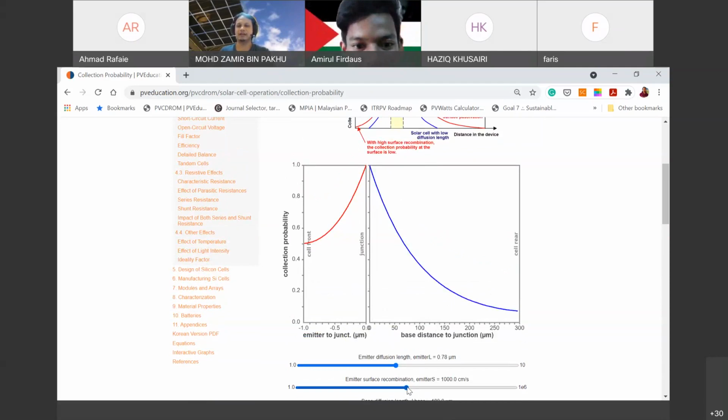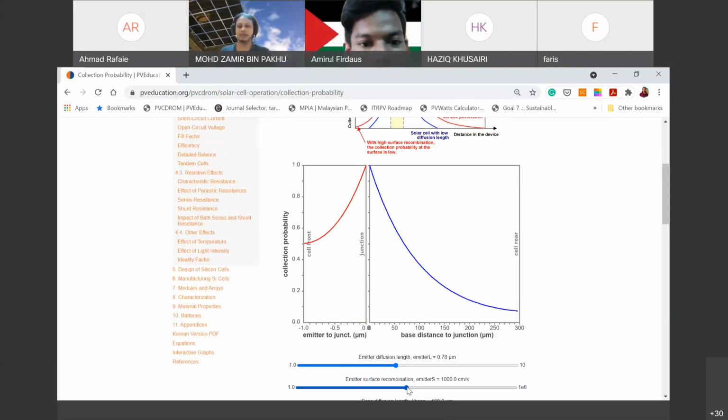Increase or decrease? Azik says increase? Camilo said decrease. Okay. Do we want high SRV or low SRV in our device to be a good device? Low SRV, right?